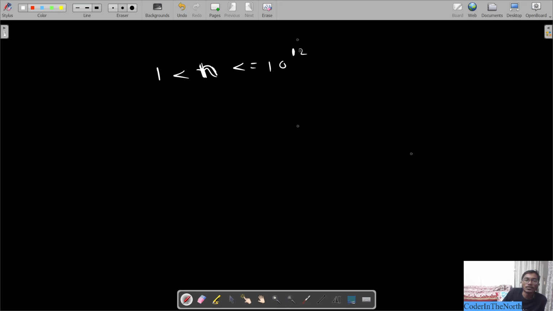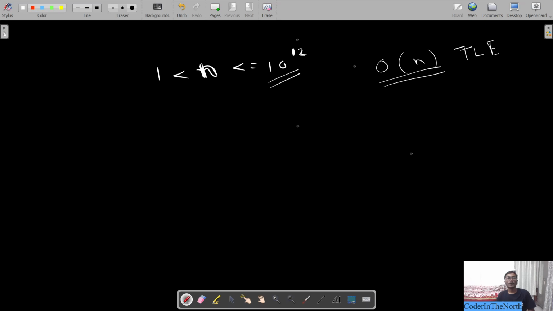If you have basic knowledge of time complexity, then with constraints up to 10 raised to 12, we can't do O of n. We can't traverse 10 raised to 12 numbers from 1 to 10 raised to 12 and do something, it will give us TLE, time limit exceeded.